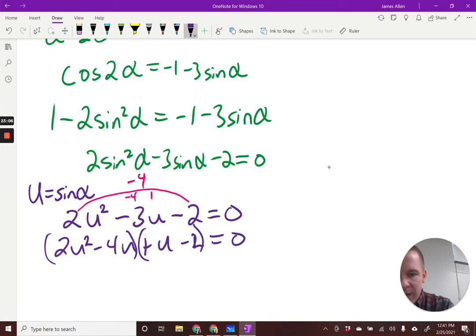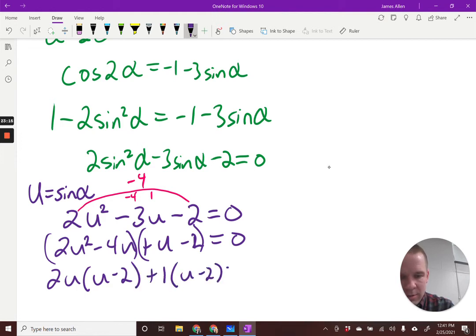Group them. Factor out my GCF. 2u times u minus 2, and then plus 1 times u minus 2. So I've got 2u plus 1, and then u minus 2.